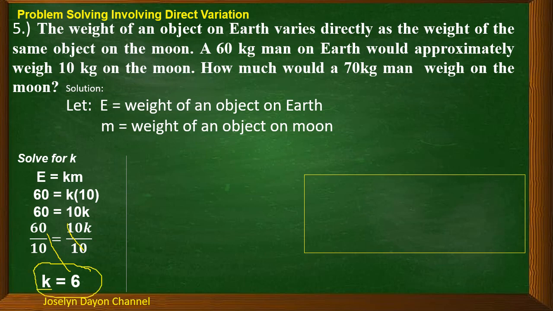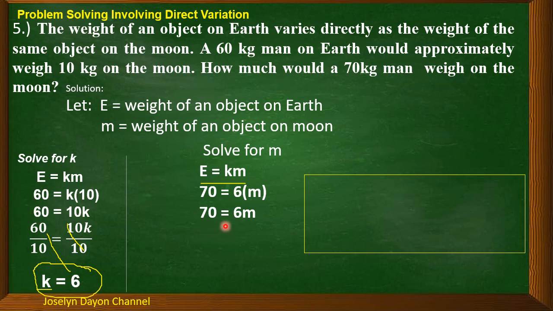Now let's solve for the value of M. Okay, the same equation. So we have here 70, the weight of the man on Earth. And then we have the constant of variation K, which is 6. Then multiplied by M. That is just equal to 70 is equal to 6M.